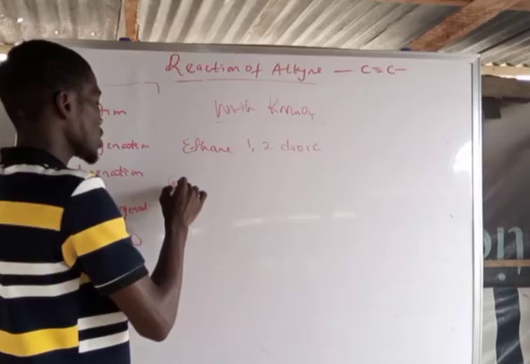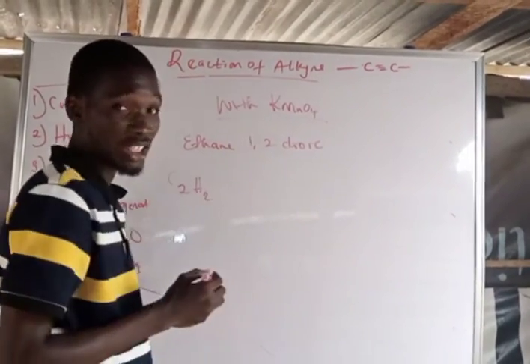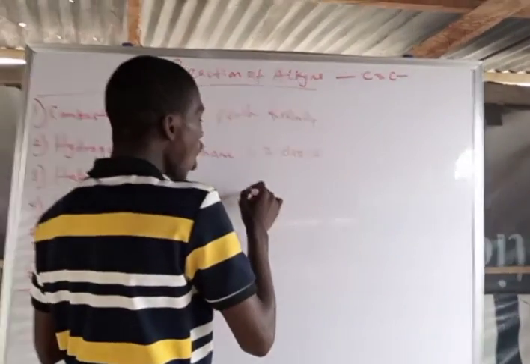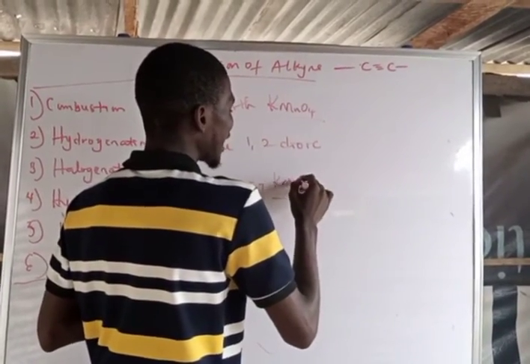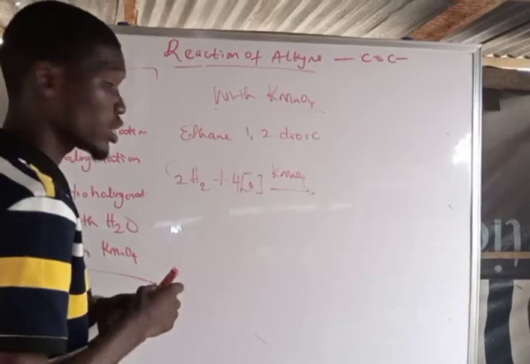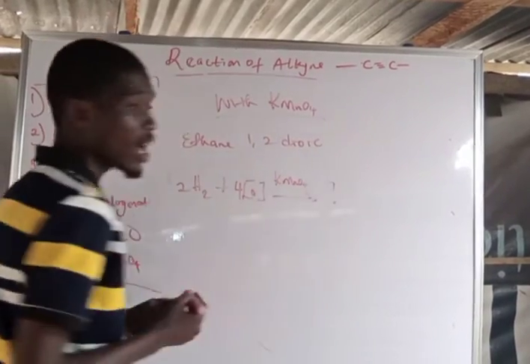So it's that I have C2H2, which is the ethane, plus 4 oxygen atoms from this potassium permanganate. So now let's show the structural formula of this.